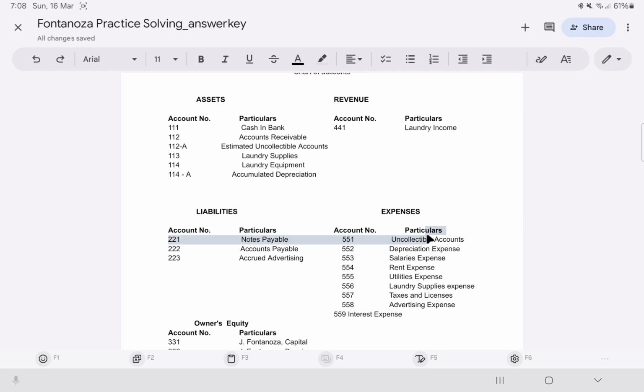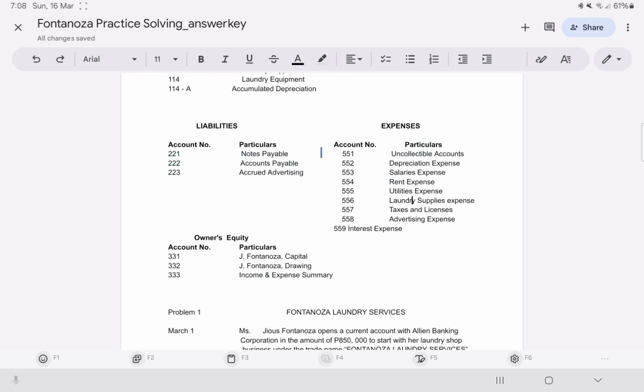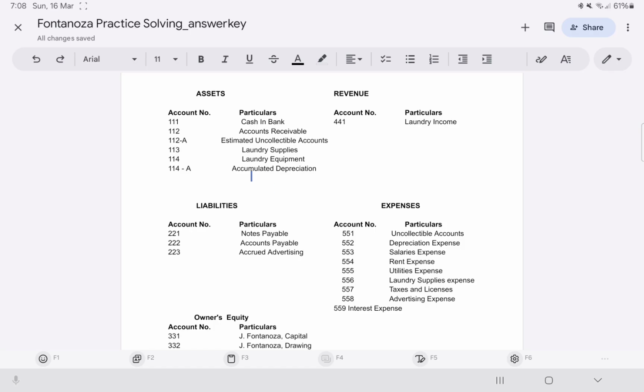For the advertising, uncollectible accounts, and the accumulated depreciation, there is additional information in the problem, but I wasn't able to indicate that, for you to focus on journalizing until financial position. So that would be the transaction of the adjusting entries, and there will be closing entries or reversing entries in the near future.